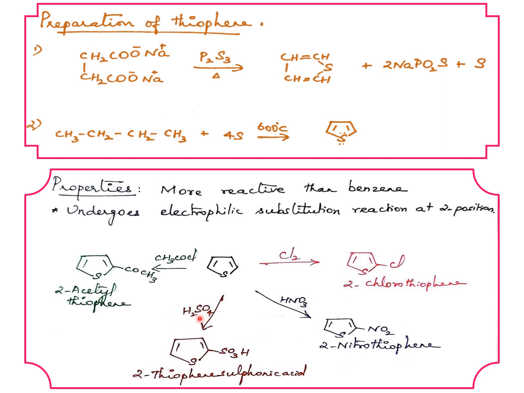By the reaction with sulfuric acid, it gives 2-thiophene sulfonic acid. Upon acetylation using acetyl chloride, the acetyl group is introduced at the second position. So the electrophilic substitution reaction for thiophene, pyrrole and furan is found to take place at the second position of these heterocyclic compounds.